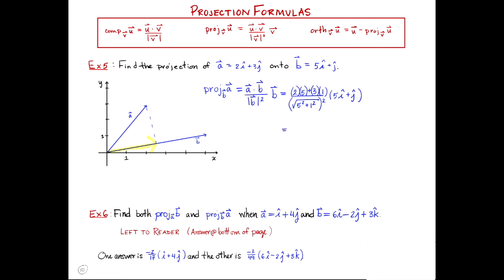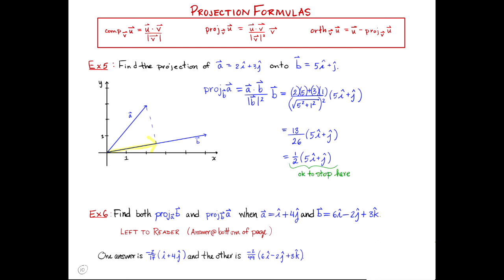Simplifying the dot product, we have 10 plus 3, which is 13. In the denominator, 5 squared is 25, plus 1 is 26, and the square root and the square cancel out, times our 5i plus j. Simplifying, 13 over 26 is 1/2, times 5i plus j. You can distribute that 1/2 if you want, but it's also okay to leave it in this form.